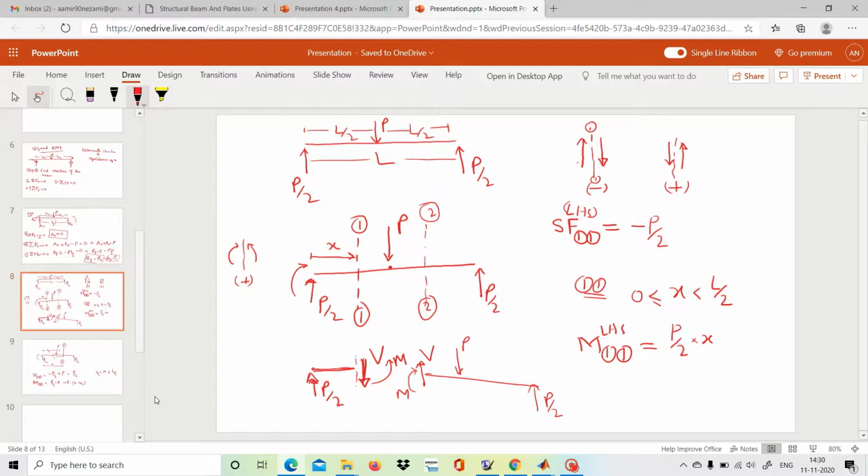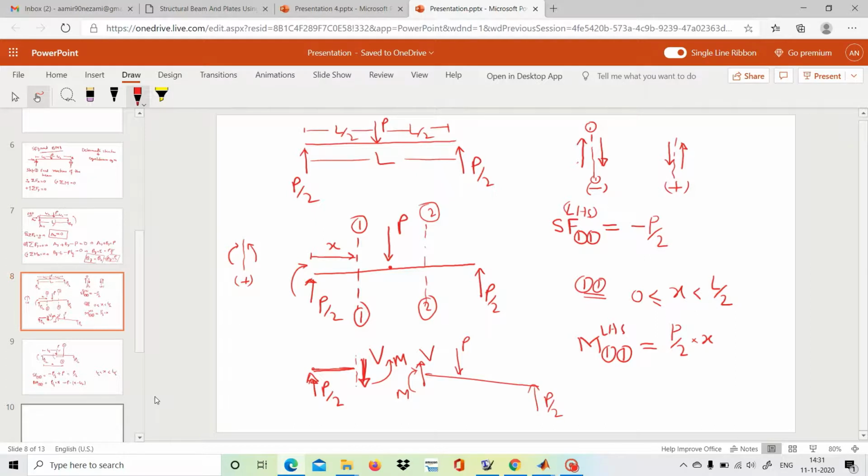It is not varying with the distance. So the shear force for this beam would be constant from 0 to L by 2 with a magnitude of P by 2.